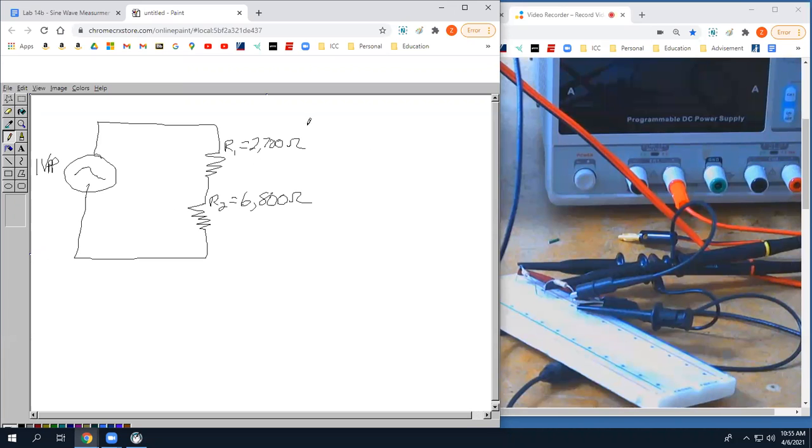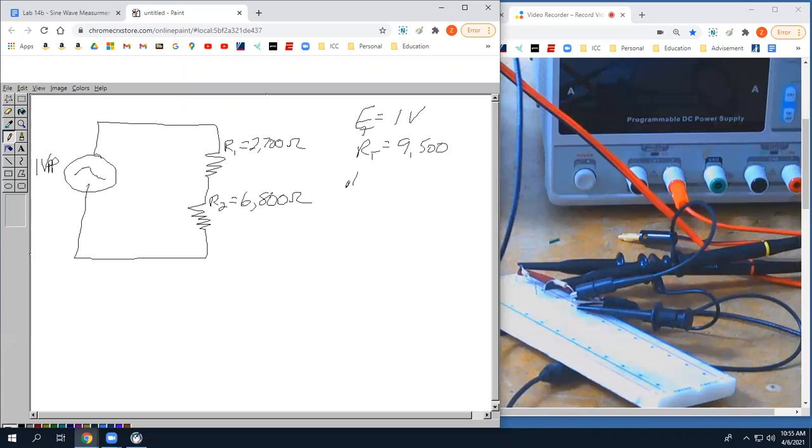In the series circuit, current stays the same. So what I like to do in any of these circuits is have my total values and my individual values all figured out. And in this case, we know that total voltage is 1 volt. Total resistance is 9,500 ohms.